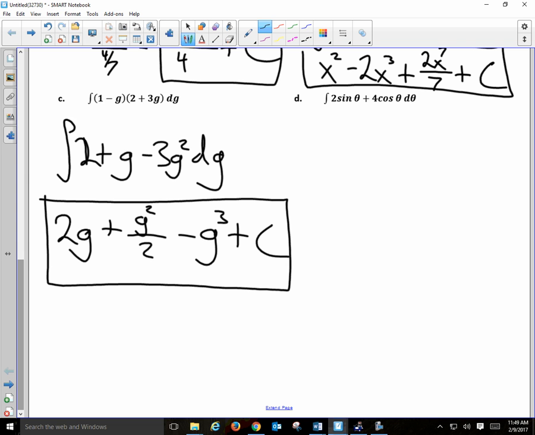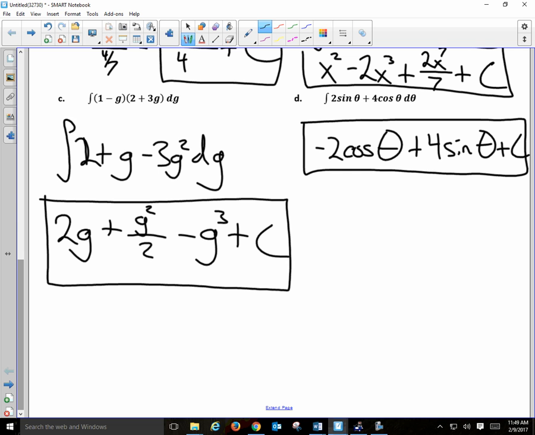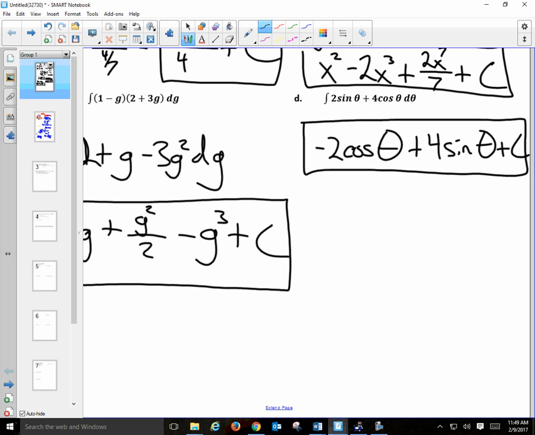What's different about letter D? We got trig. What's the antiderivative of sine? It's negative cosine, right? So we got negative 2 cosine of theta. What's the antiderivative of cosine? Sine. If you don't remember that, you'll have to remember it for the test, but I've put together for you a little bit of notes.